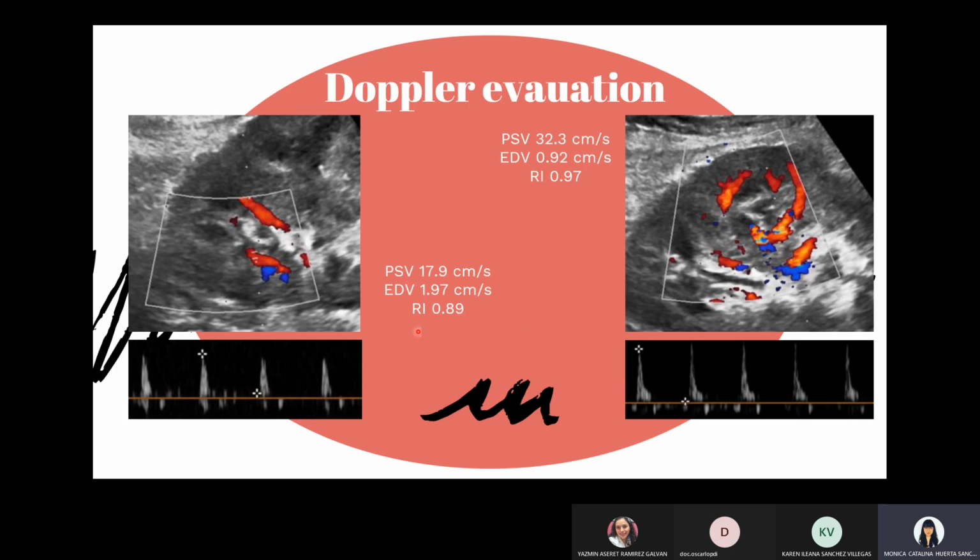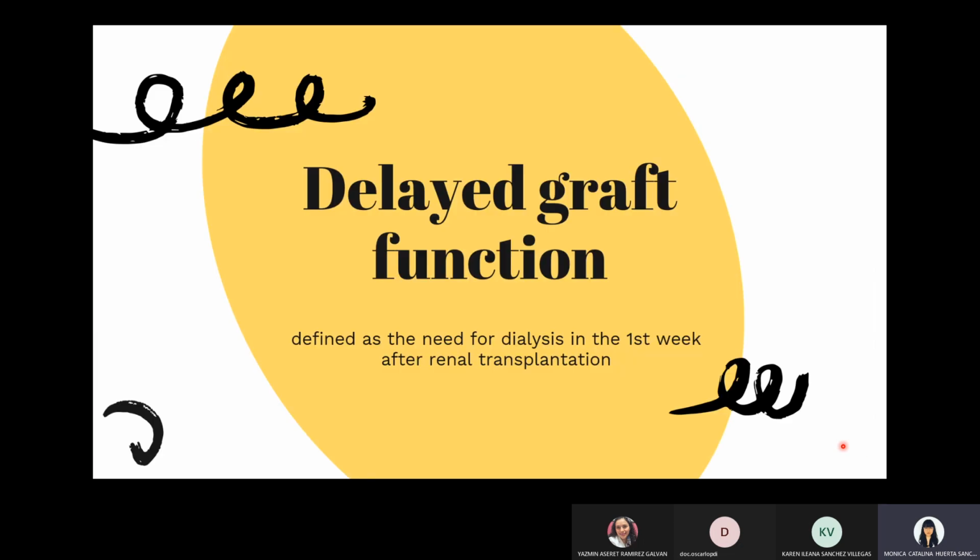In the polar artery we have 0.89, and in the segmental artery it was 0.97, with a mean resistive index of 0.89 for the whole kidney when we looked at all the arteries in our evaluation. All those measurements are well above normal, which in a post-transplant patient should be around 0.8 or under. So we already have something abnormal in this patient.